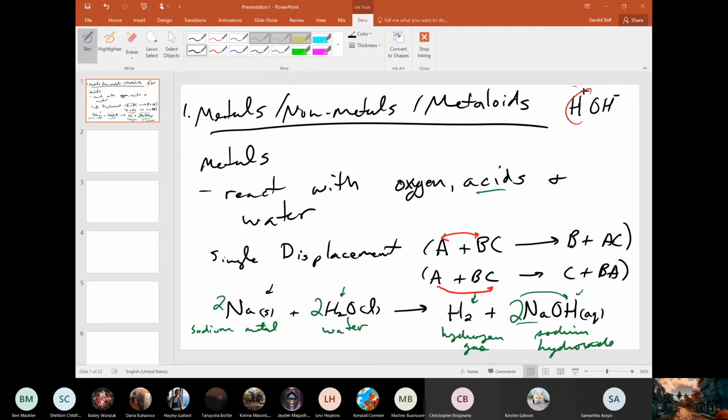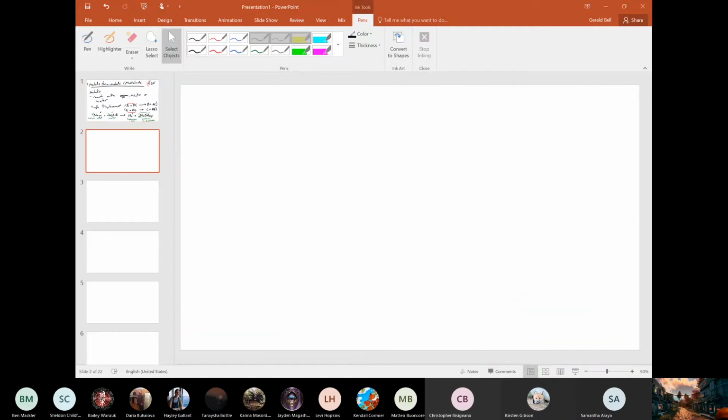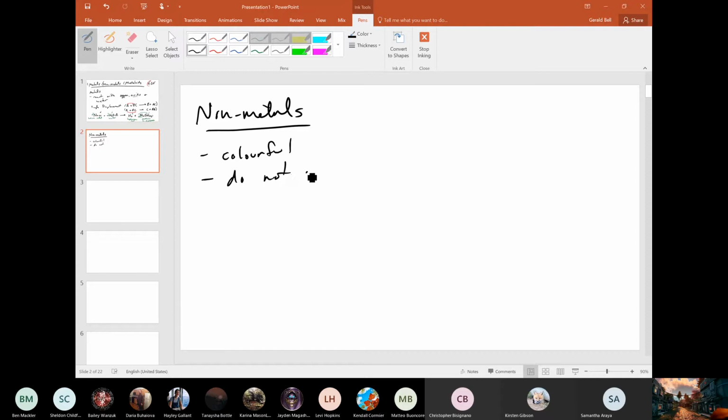So metals, nonmetals. Pretty much all the opposite properties. They're colorful. They, let's see, do not conduct. They can be any state. Solid, liquid, or gas. We've come across those, haven't we?